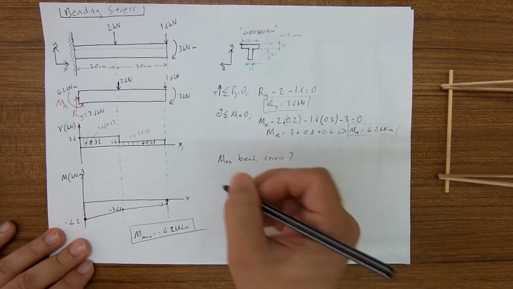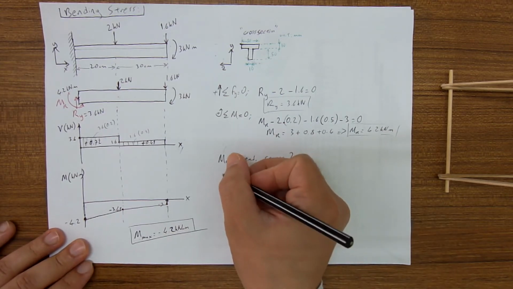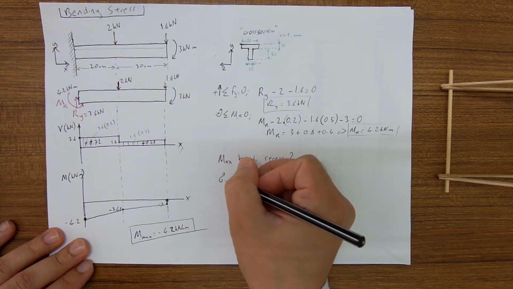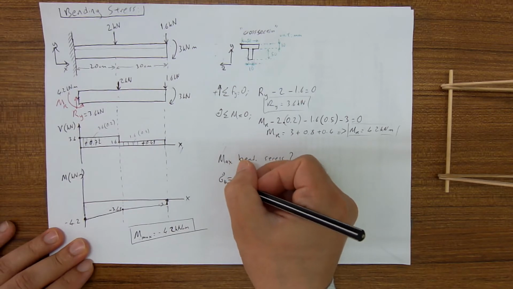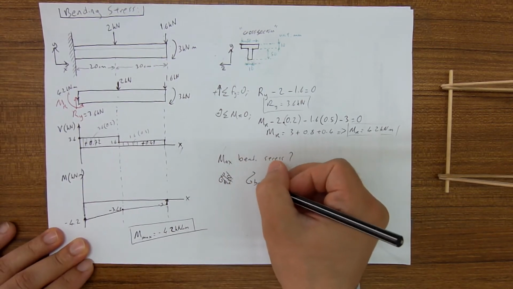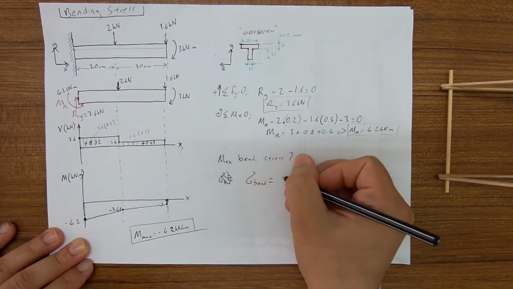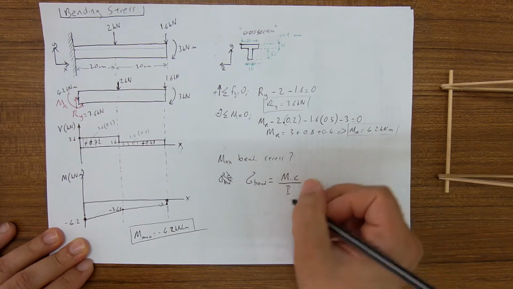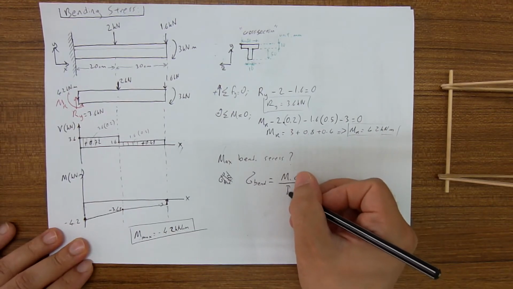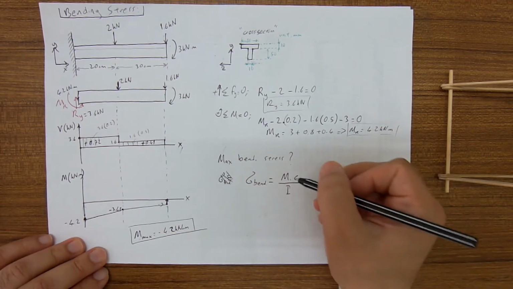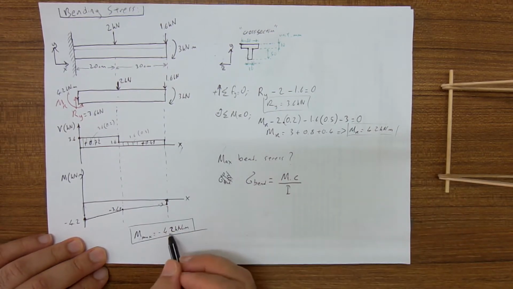Now, you might remember that the maximum bending stress is equal to moment times C divided by I, the area moment of inertia. Moment, we know what moment is.